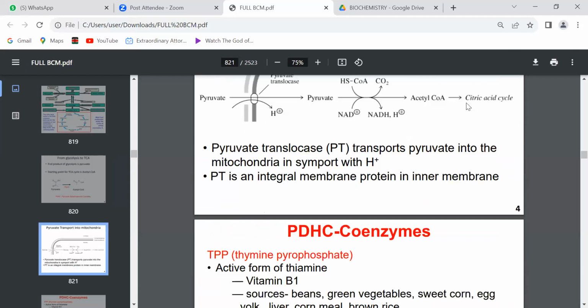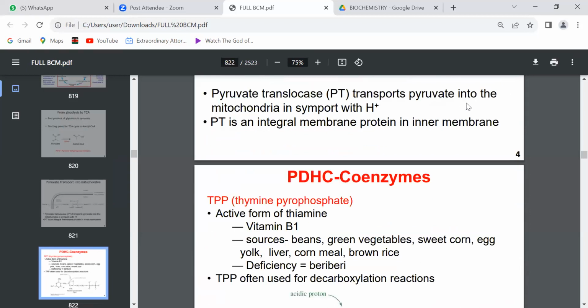Now for the conversion from pyruvate to acetyl-CoA, which is what we need for TCA, like we were saying in enzymology, for some of these enzymes you need maybe a metalloenzyme if it's a metallic compound, or a small organic molecule like thiamine to help activate the whole reaction.